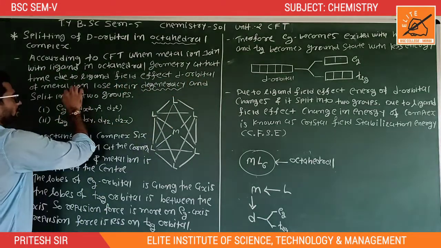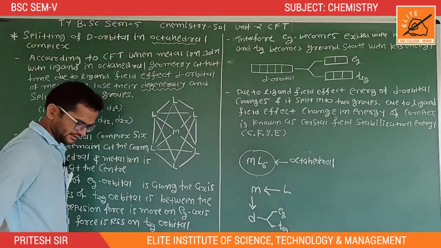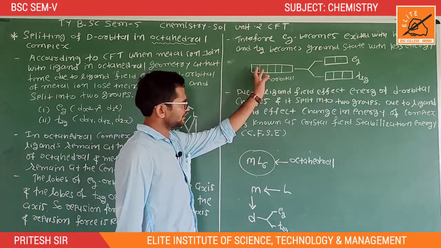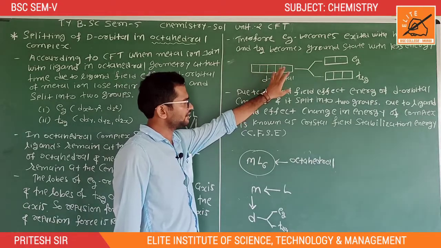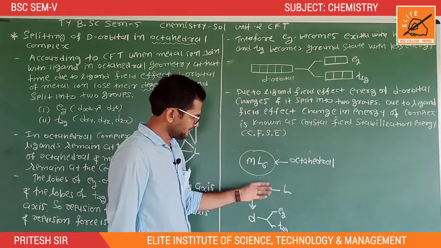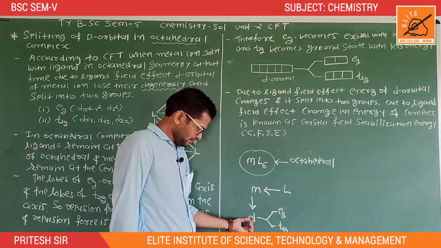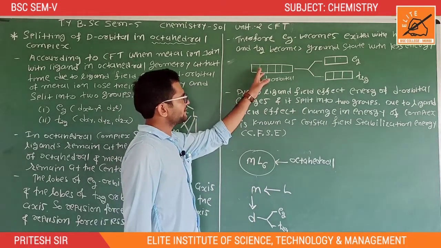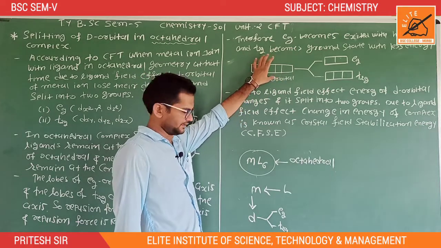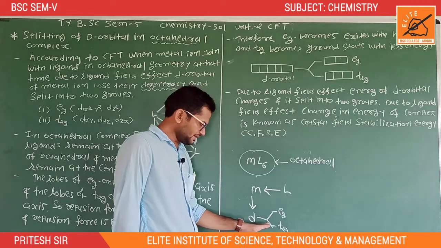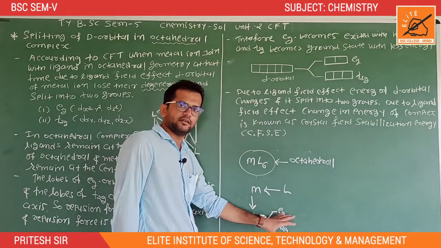Degeneracy means in the ground state all the suborbitals of d have similar energy, but when ligands are attached with the metal ion, all suborbitals do not have equal energy, and due to this the d orbital is split into two groups, T2g and Eg.